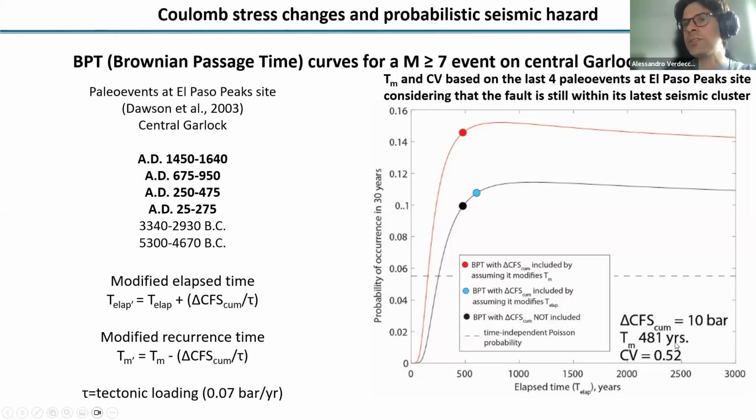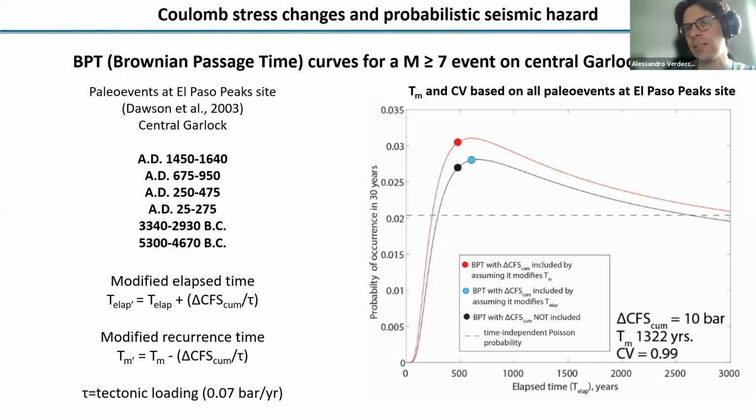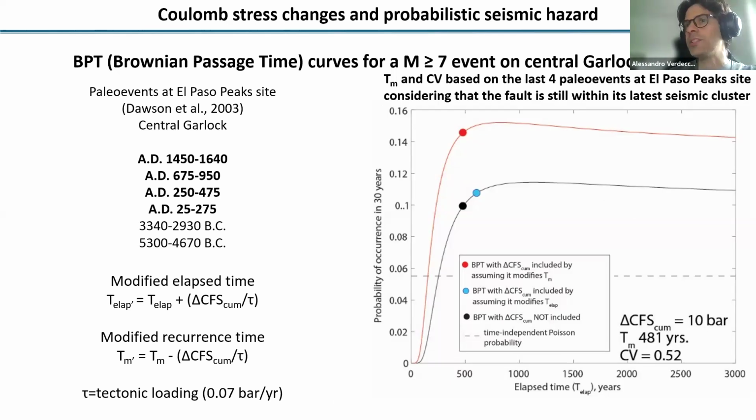From the previous 1,300 years to a model where the recurrence time is 481 years, with a coefficient of variation way lower, half the previous one. We notice that as a result, the probability also changed by a lot, from around 10% when including Coulomb stress changes with modified elapsed time, up to almost 15% when we modify the recurrence time. So the methodology that we use here also plays quite a big role.